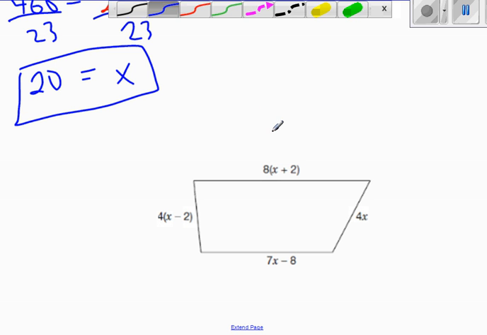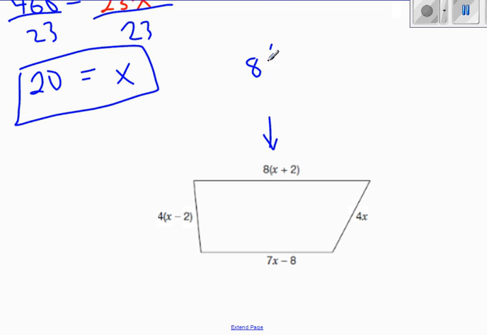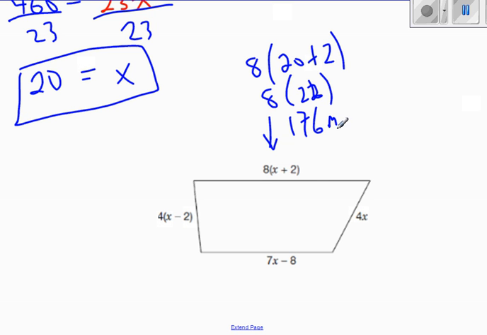So this side here is going to be 8 times 20 plus 2, which is 8 times 22. And 8 times 22 is 176 meters. So just keep going around. This side here is 4 times x. So 4 times 20 is going to become 80 meters.